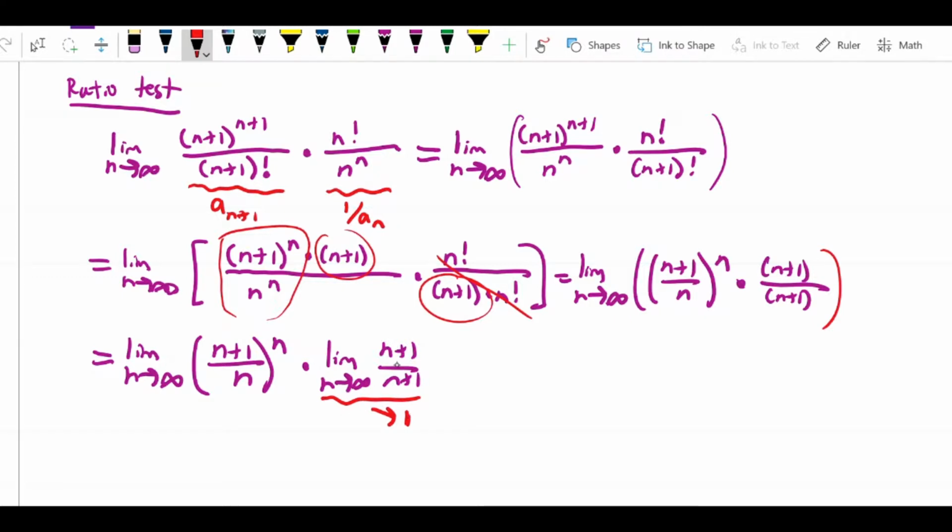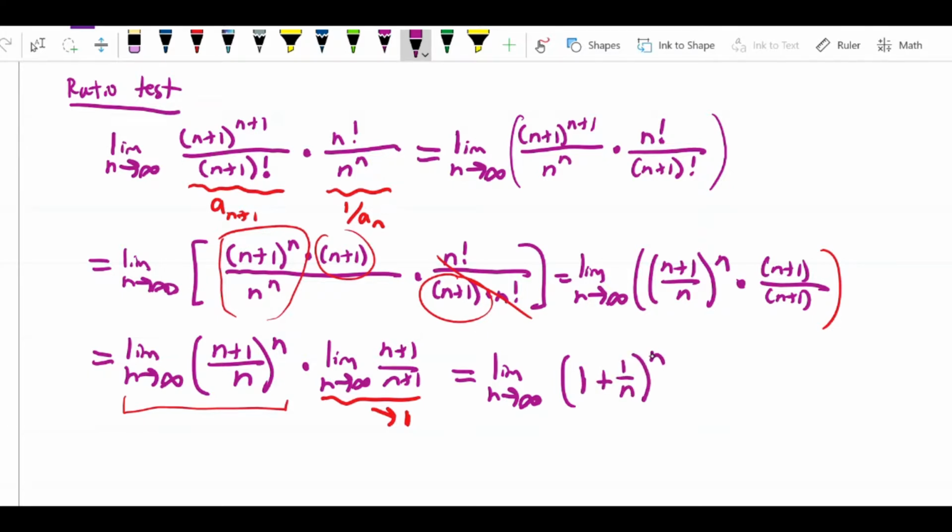That's just 1. So it comes down to a question of what that other limit is equal to. So let's simplify that. That becomes the limit as n approaches infinity of n plus 1 over n, so this is going to be 1 plus 1 over n to the n.